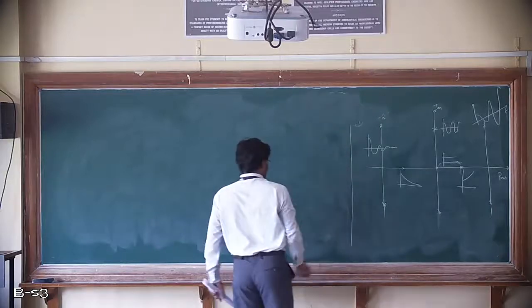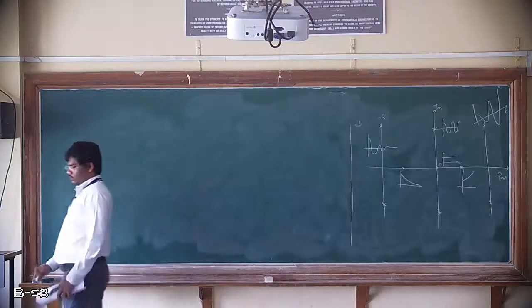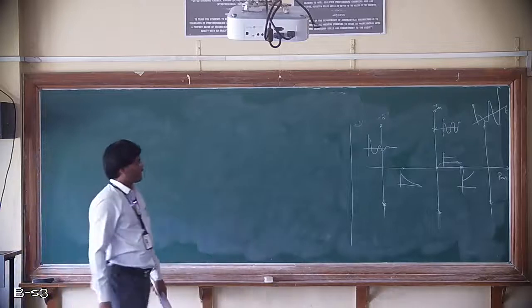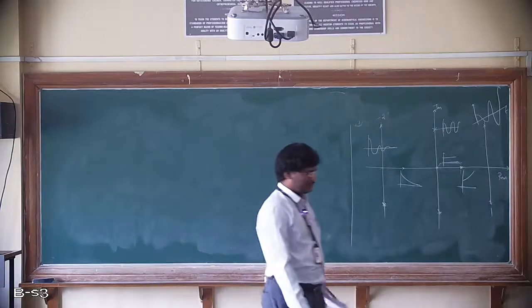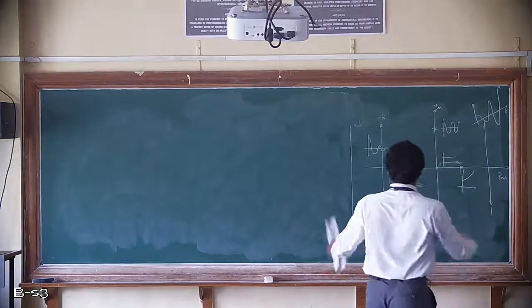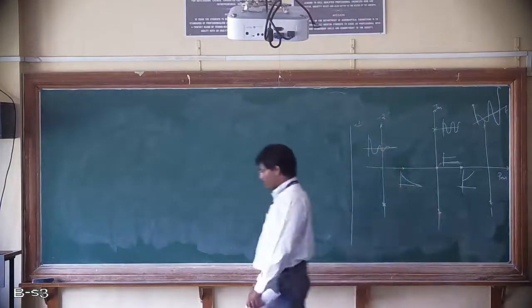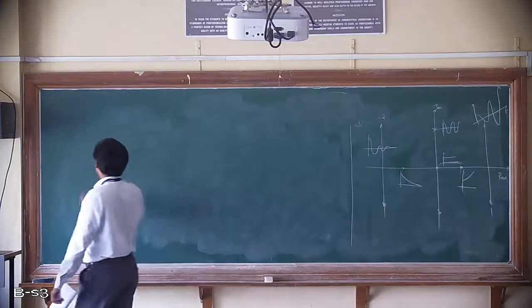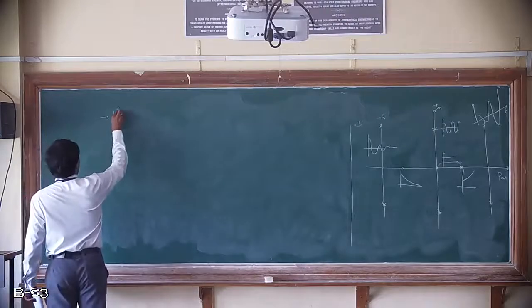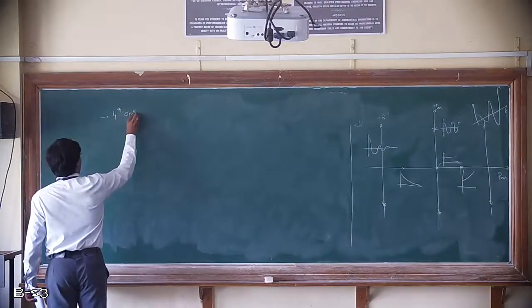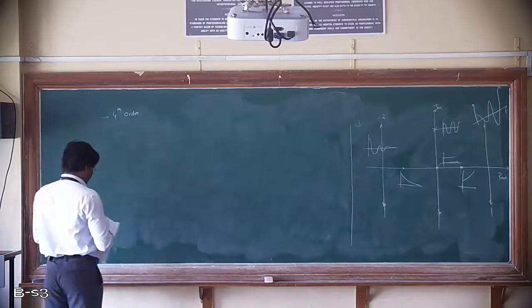Okay, then see. These are second order systems and you are getting the characteristic equation in second order. So you are solving, right? You are getting roots. But for example, if you are getting the characteristic equation in fourth order, what will you do?